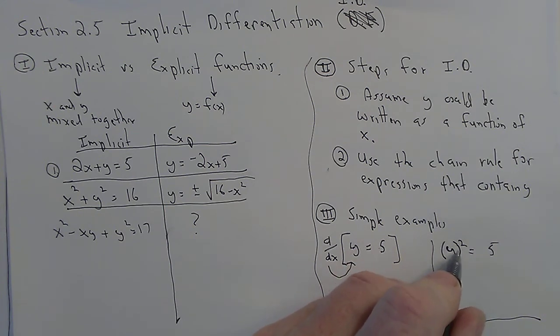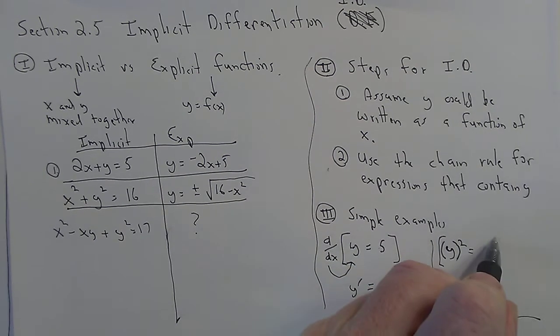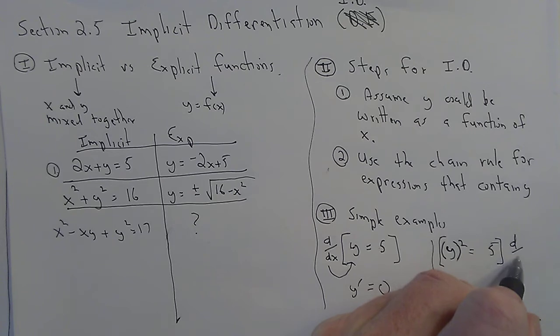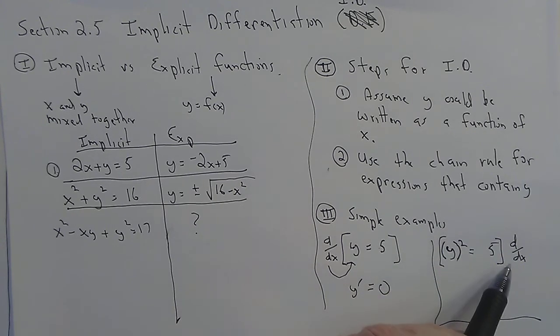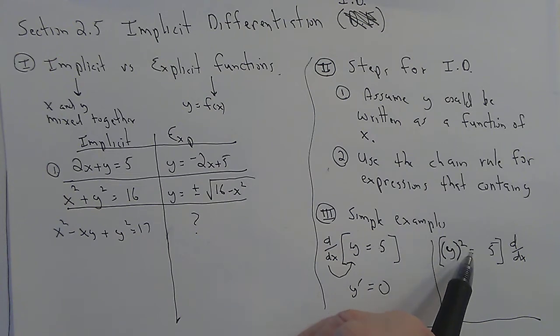Now I want to take the derivative of this. I don't have a lot of space here, so I'm just going to put it on the other side. Doesn't matter. This just says take the derivative of all the terms in this equation. Well, the right side is easy. The derivative of 5 is 0.